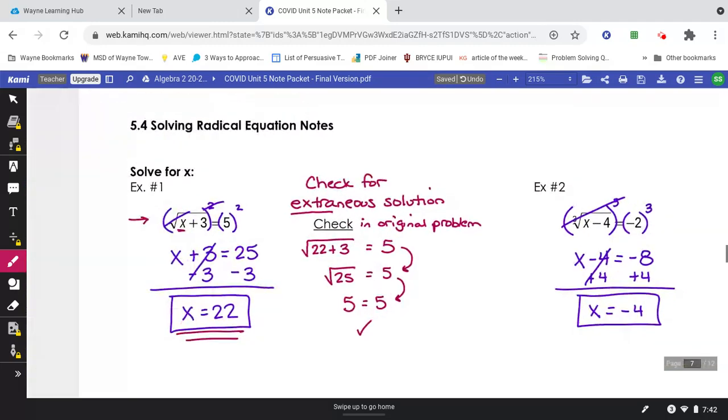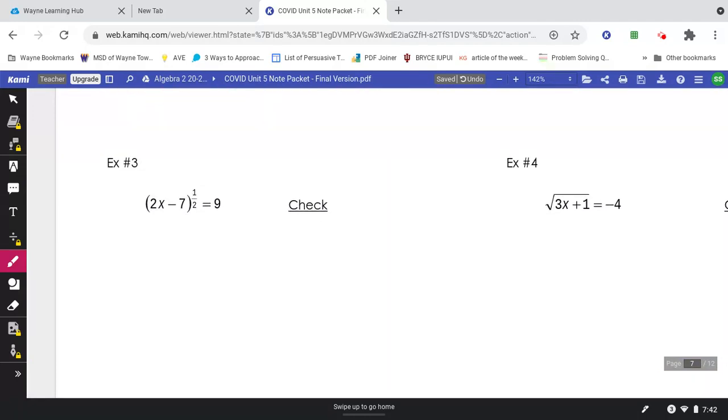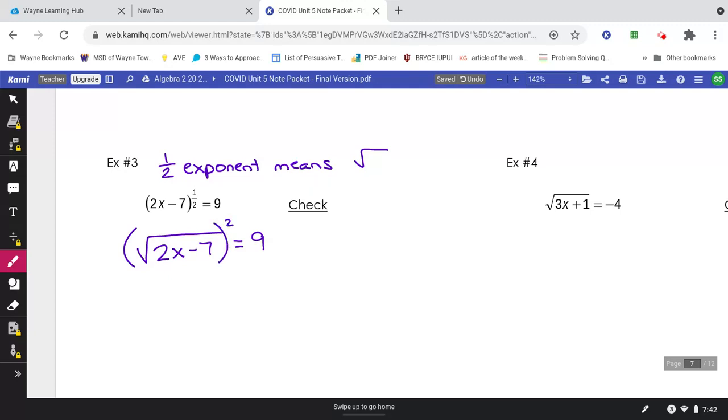Let's move on to example 3. When you see a 1/2 power, 1/2 exponent means the square root. So the first thing I'm going to do is I'm just going to rewrite that using a square root. Then to get rid of the square root, I will square both sides.